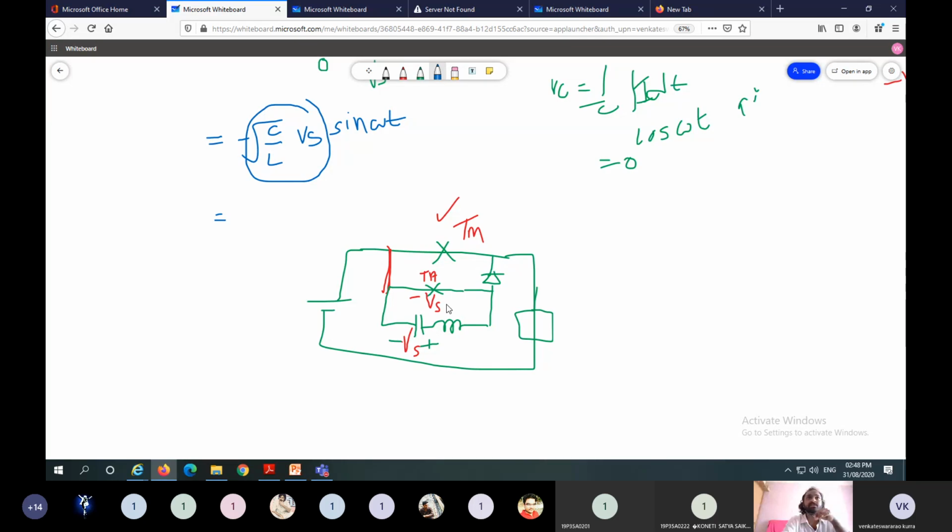This one is negative voltage appearing across the auxiliary thyristor. So it is in turn off state. So it acts as open circuit. But the discharging current of capacitor flows like this. This one is the discharging current of capacitor.